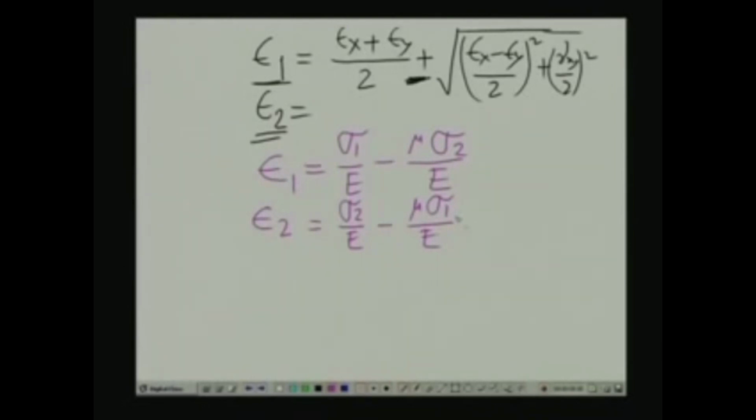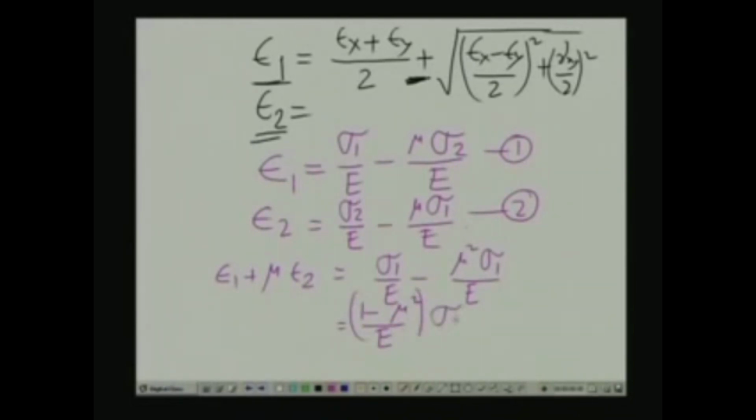Now, if we multiply the second of these equations with mu and add it to the first one, we get epsilon 1 plus mu times epsilon 2. The first has minus mu sigma 2 by E, and the second is sigma 2 by E; when multiplied with mu, this gets cancelled. So, we have minus mu square sigma 1 by E, or this is equal to 1 minus mu square by E times sigma 1.